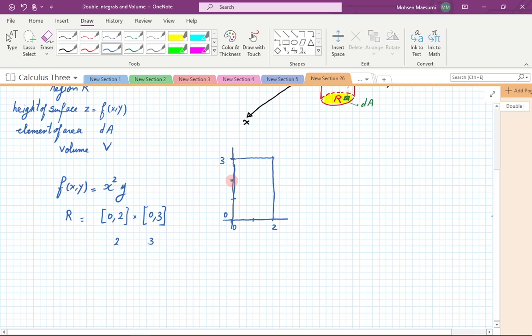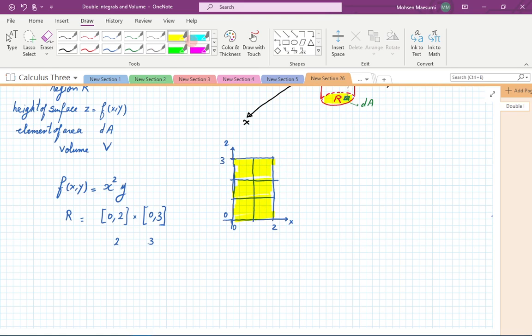Of course this is going to be a very rough approximation because our cells are so big, but we said if you make it very crowded, then of course you're going to spend more time calculating everything. So this is our region R. So all of this is the region R.